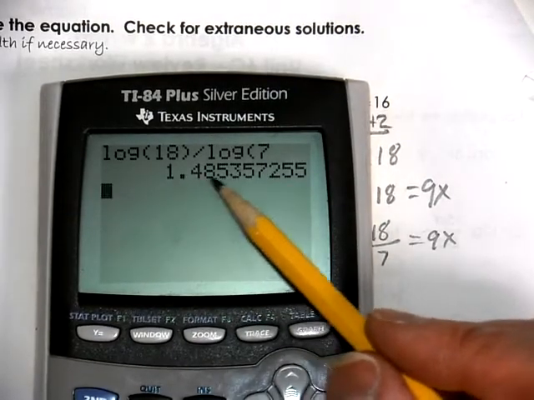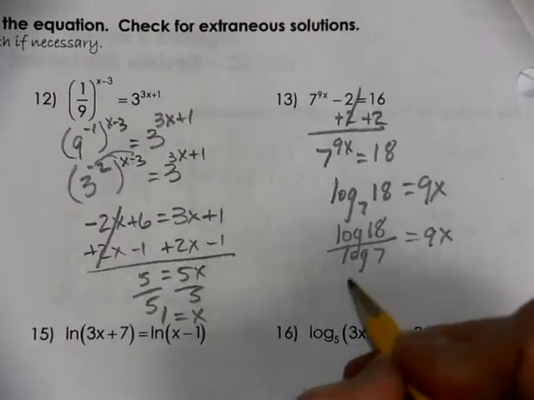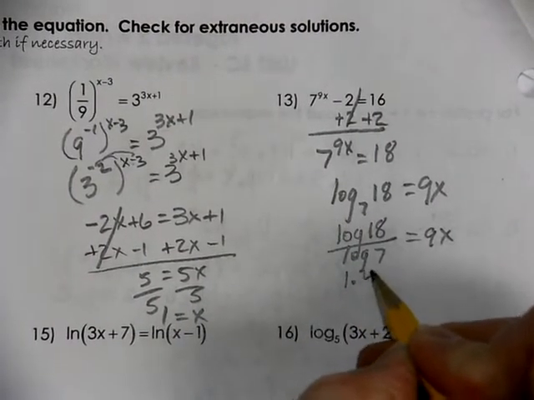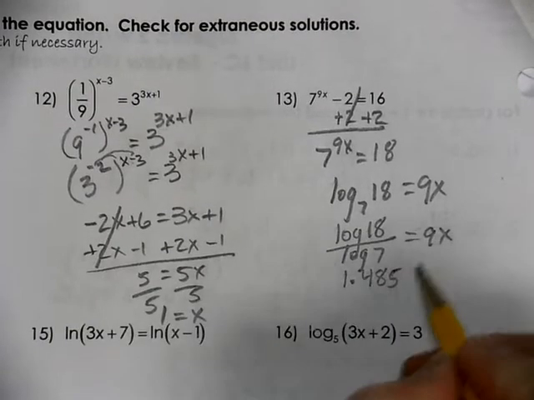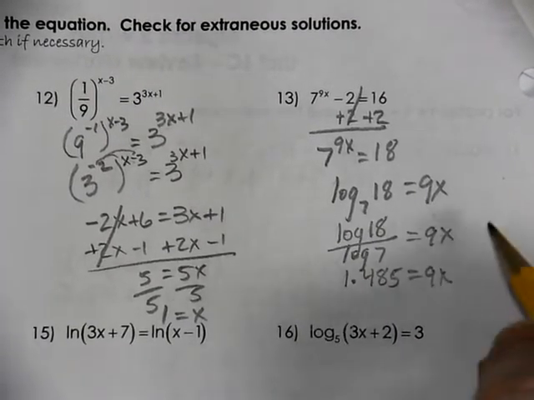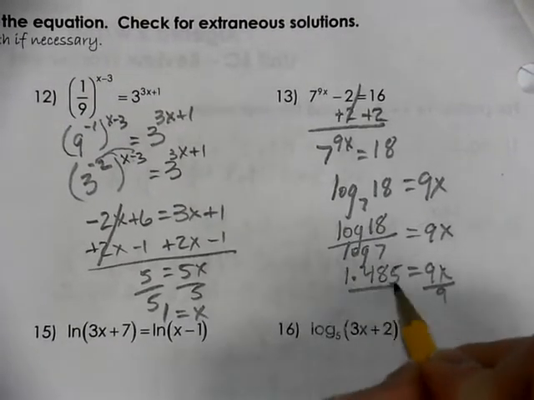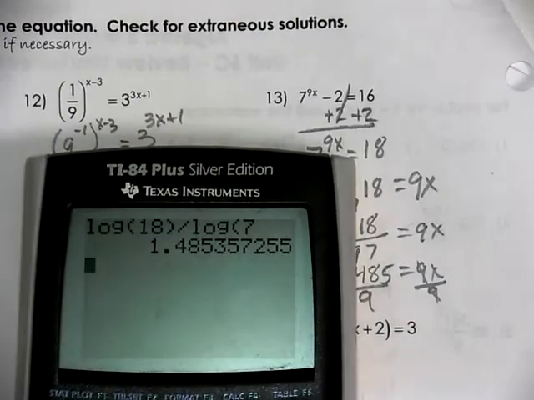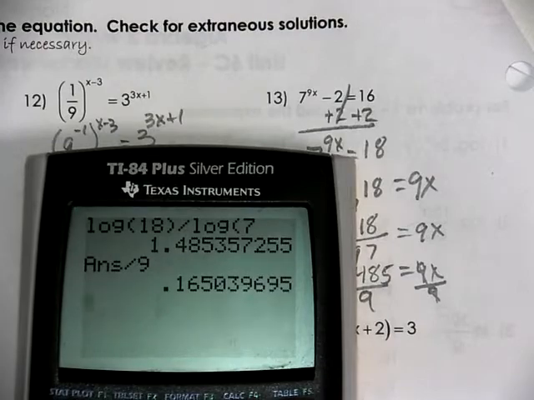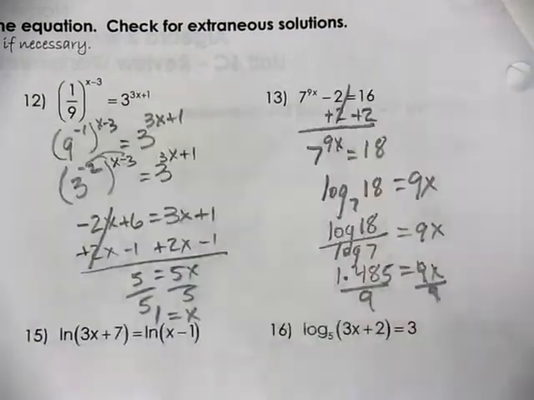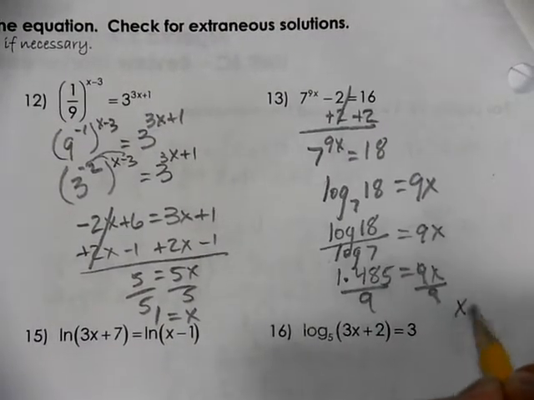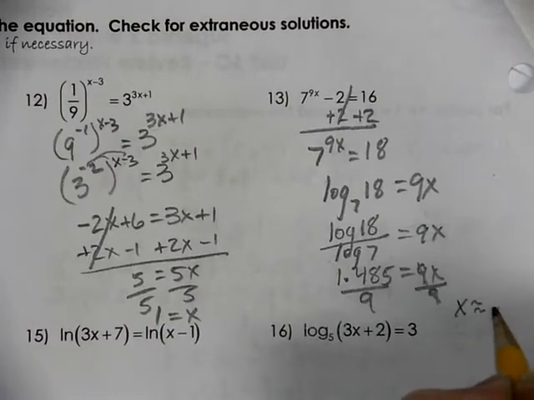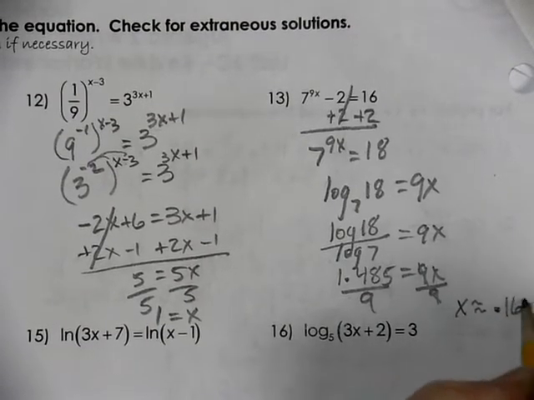Gives us 1.485. And then to get the x by itself, we need to divide by 9. So 0.165. So x is approximately 0.165.